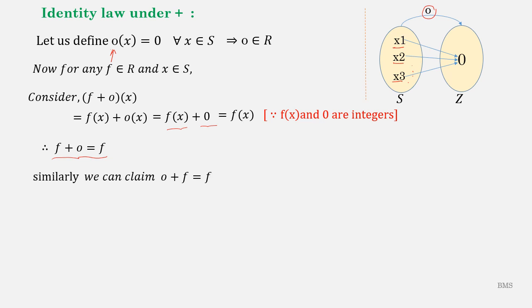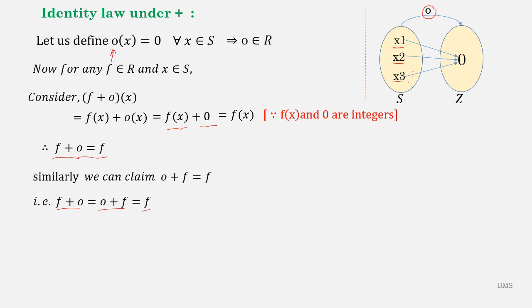Similarly, we can claim O + f is equal to f. This is nothing but f + O is equal to O + f, that is equal to f. You recall the definition of identity law, okay? A + E is equal to E + A is equal to A, something like this.